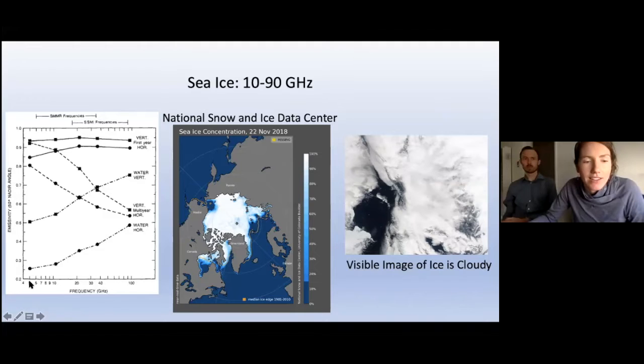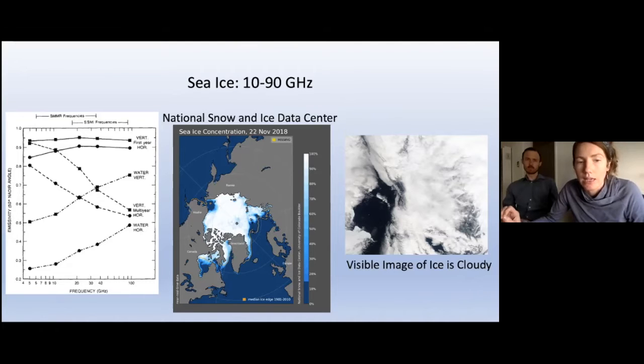Here we have on our x-axis the frequency of radiation, frequency of light. Instead of wavelength, the unit is gigahertz. And so we have several different lines here. We have water vertical, water horizontal. Now, do not worry about vertical versus horizontal right now.